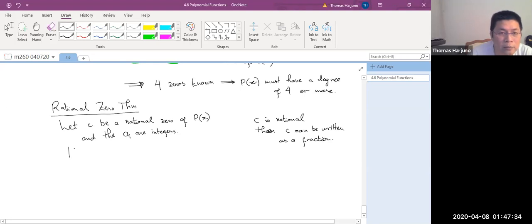Then c must be plus or minus a factor of the constant term over a factor of the leading coefficient.